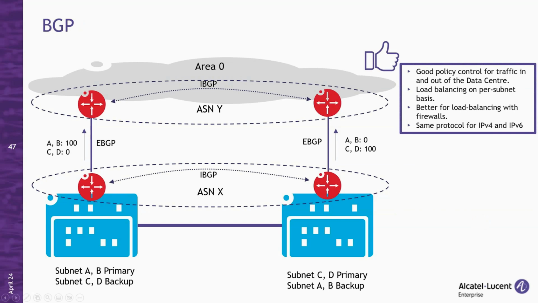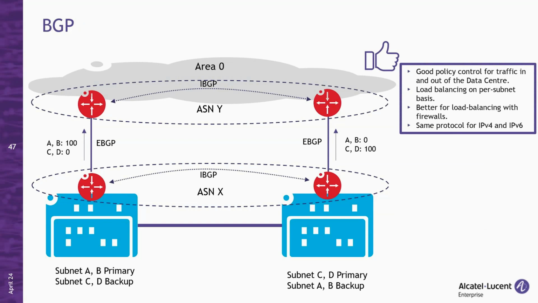A better option is to use BGP for the following reasons. BGP allows for granular policy control for prefixes. It allows for better load balancing with firewalls, and it allows better load balancing on a per-prefix basis. The same protocol, MP-BGP, can be used for IPv4 and IPv6 address families. And if SPB is used, whether on the campus or data center site, it's not required to add another routing protocol within the site.